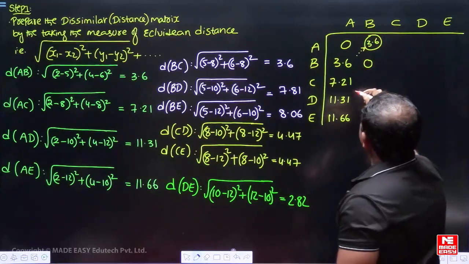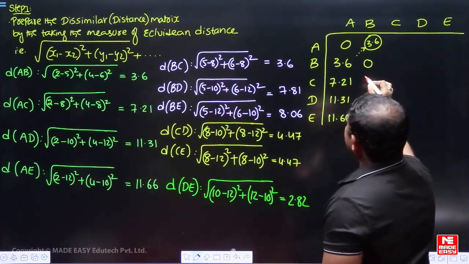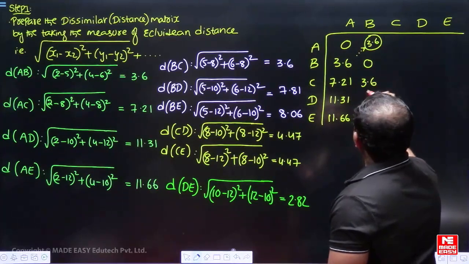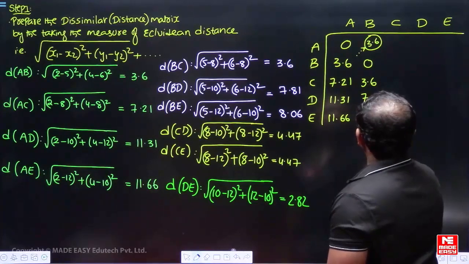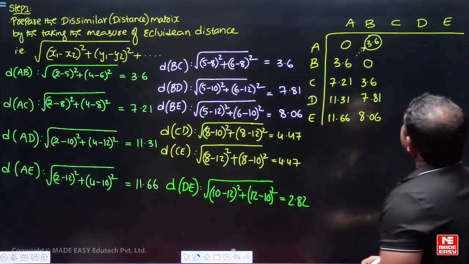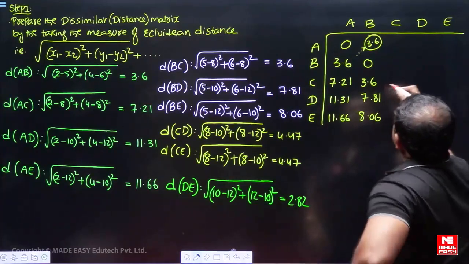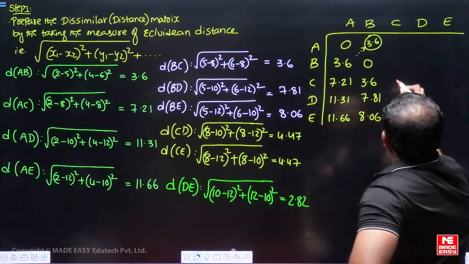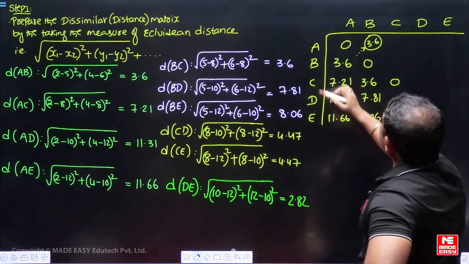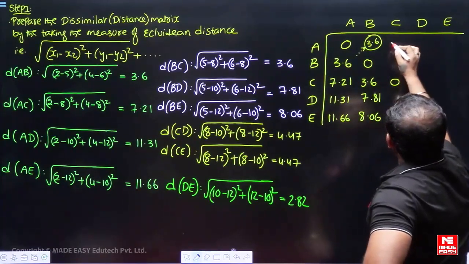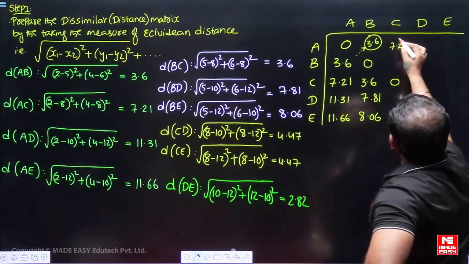So now here 3.6, 7.81 and 8.06. Next, come to C. C with C distance is 0, but CA and AC will be the same, this is 7.21.